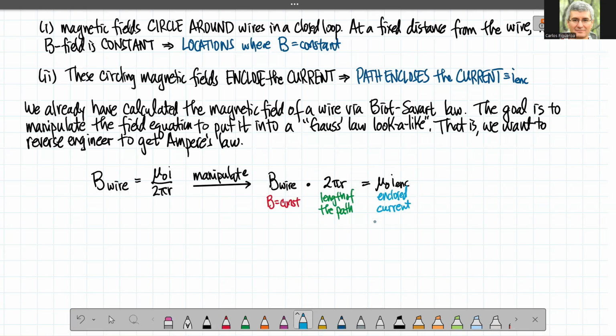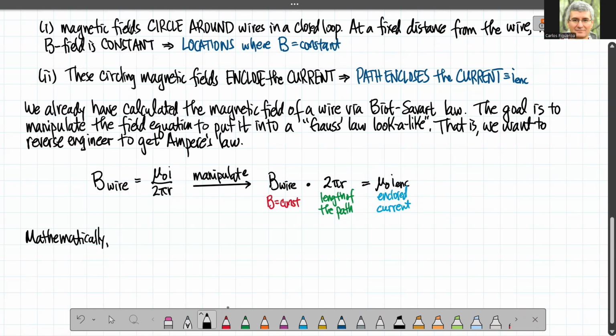So effectively, that is Ampere's law. So mathematically, let's clean this up just a tiny bit. It looks like this.